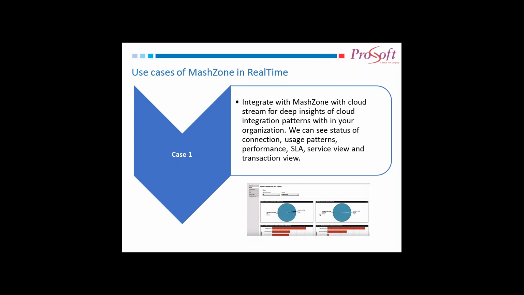It will also show the usage patterns, such as which SaaS provider is used most often. It also provides a deep vision of analytics at service level, SLA, error performance metrics, and we can also see the transaction view.